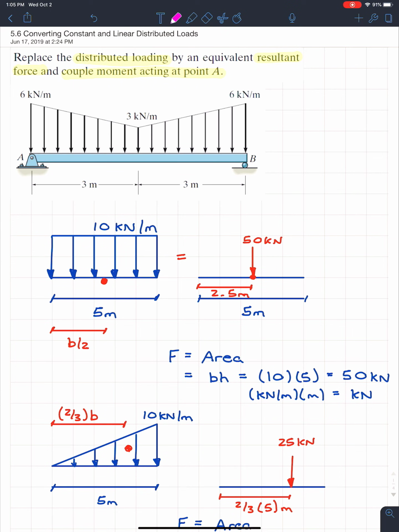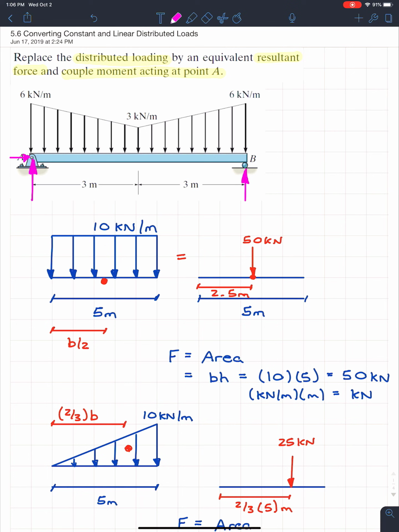Those are the supports. Realistically, this is a pin at A, so we would have a vertical force there. There's a roller at B, so there'd be a vertical force there. And there's a pin at A, so there's a horizontal force. But as there's no force in the x direction, we can see that's 0. But those reaction forces are what's going to create that equilibrium.